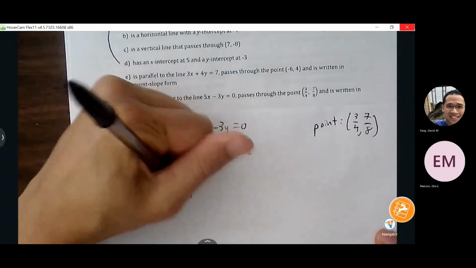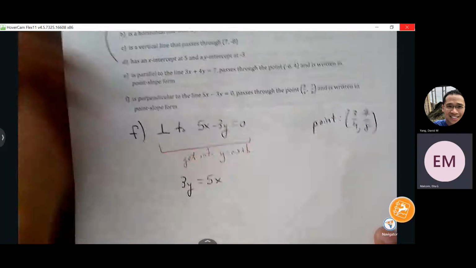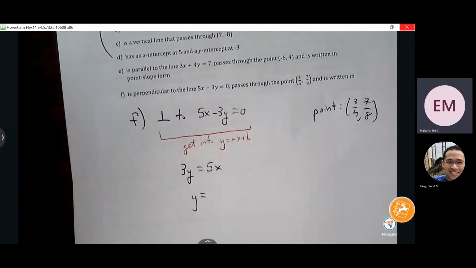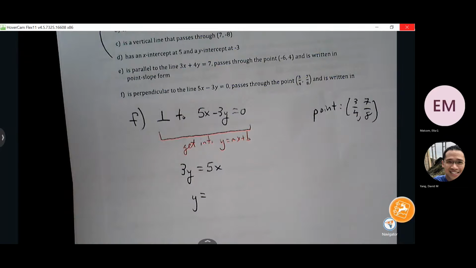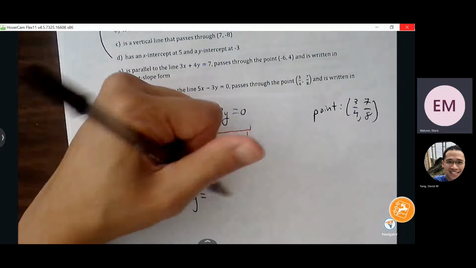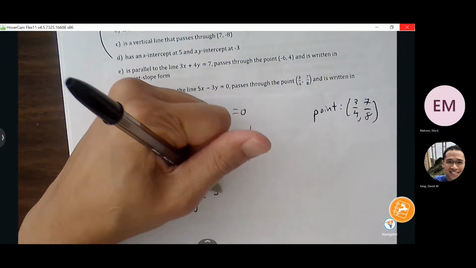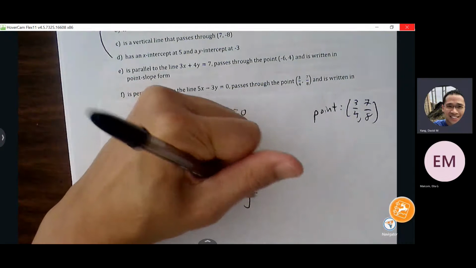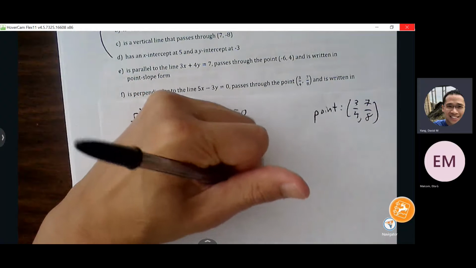There's going to be 5x equals 3y. And then y equals 5x over 3, which I'm going to rewrite as y equals 5/3 x.